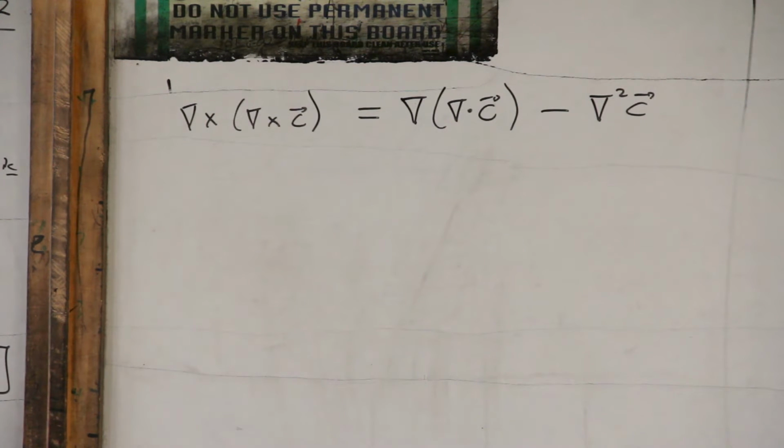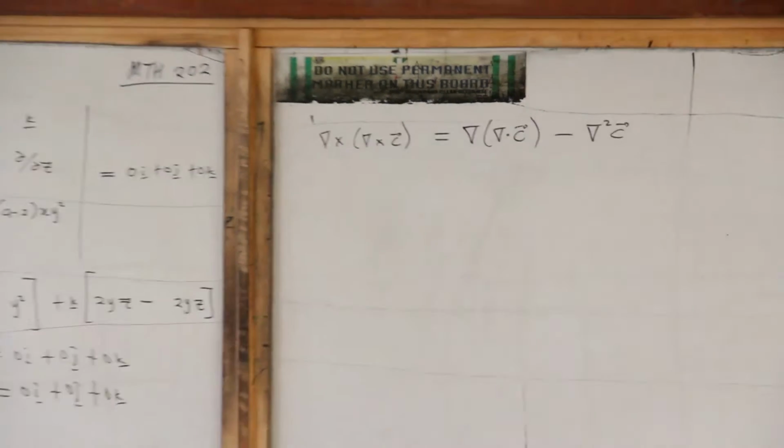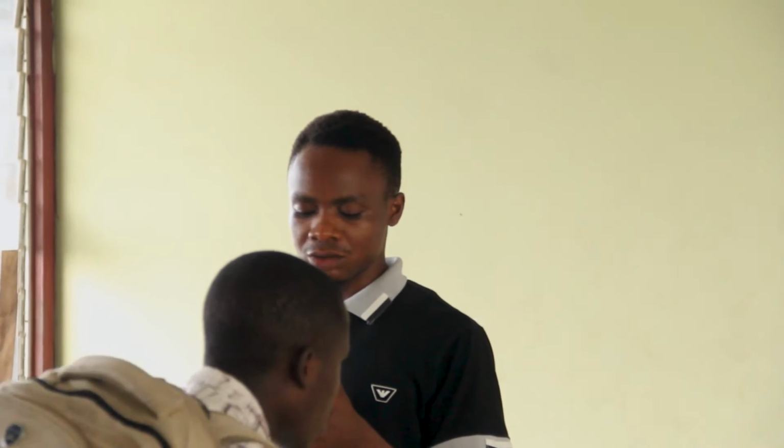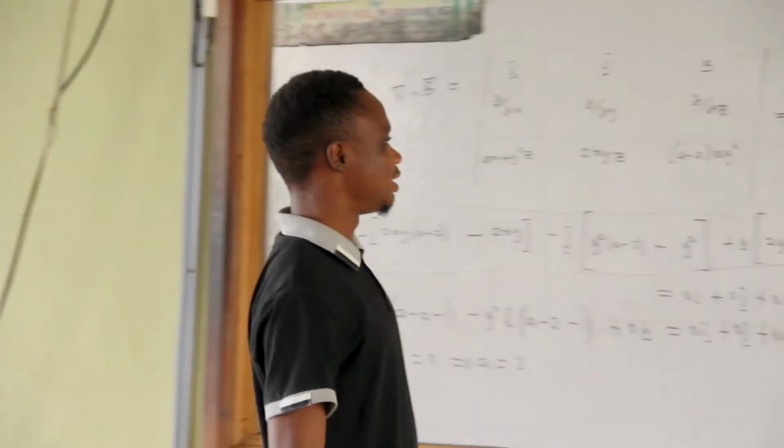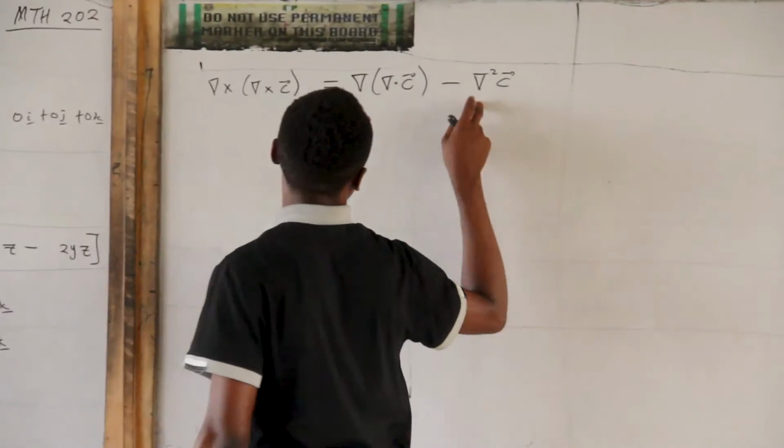Grad of div V minus Laplacian of V. I remember this identity. I think it's part of this question also. That's what you have in question 14. Can you see? Question 14, number 2, identity here. When you have nabla cross U, you can do something like this to help you simplify your work. You can also do it normally. Which of them will be faster? You can do it this way and get your result.